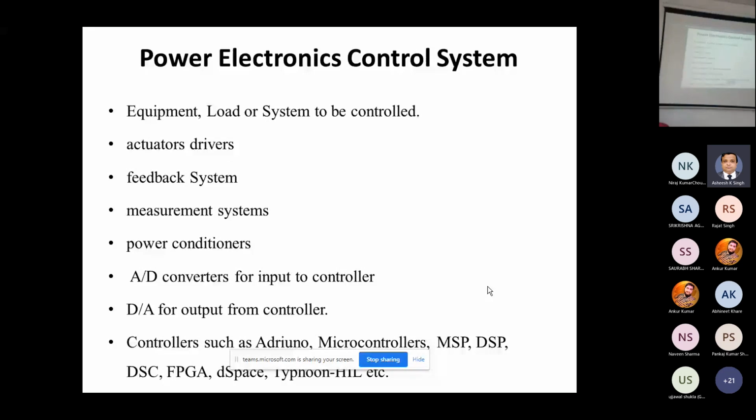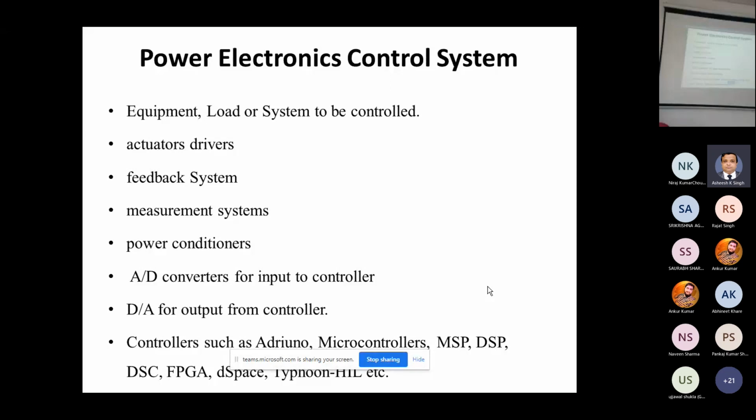The measurement system may involve direct sensors or transducers. Power conditioners are required. Analog to digital converters are used for giving the analog inputs to the controller from the sensor and command inputs, and digital to analog converters are used generally for taking the output from the controllers.